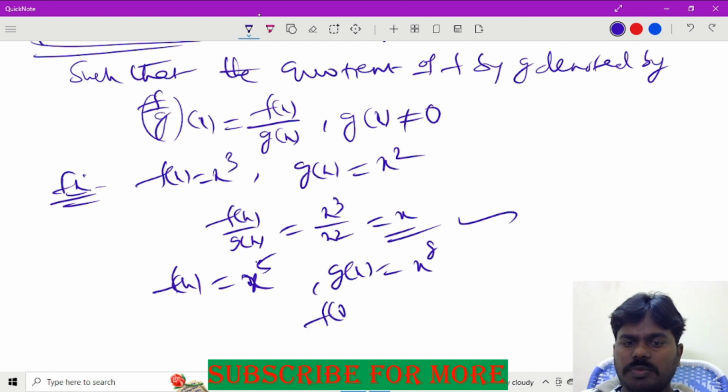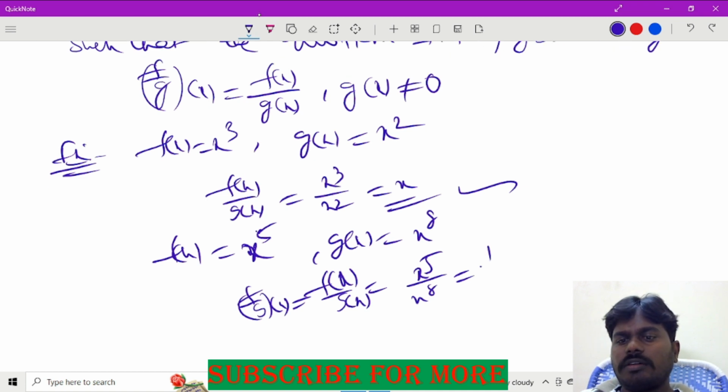Now f by g of x is equal to x power 5 by x power 8. So here 1 by x cube. This is called the quotient function. Okay, so these are the examples of the quotient functions.